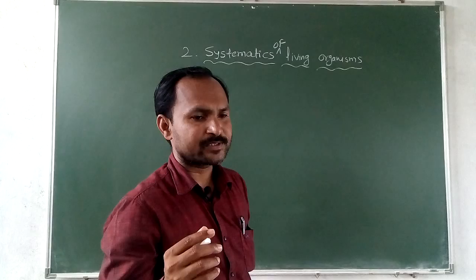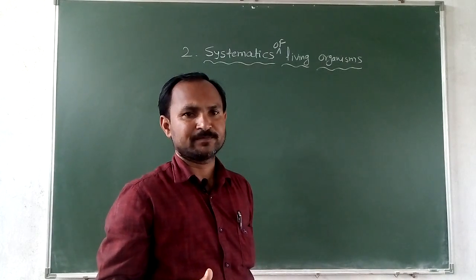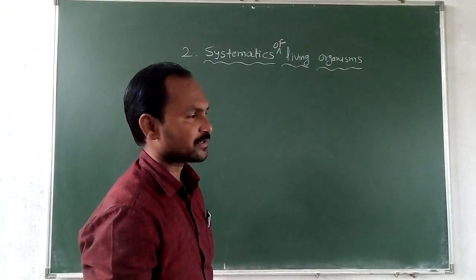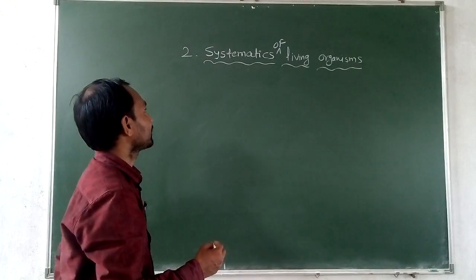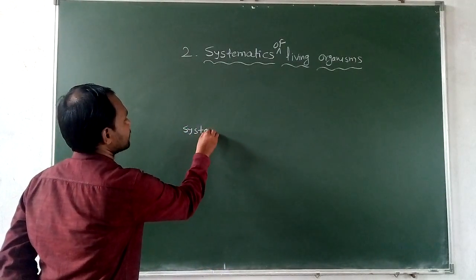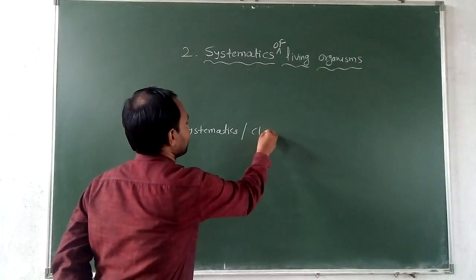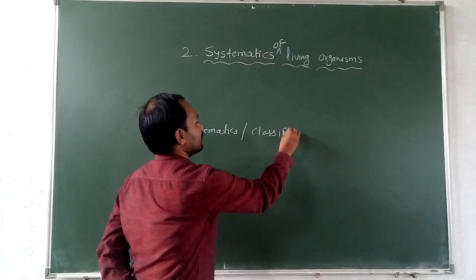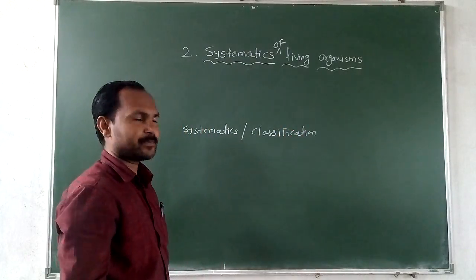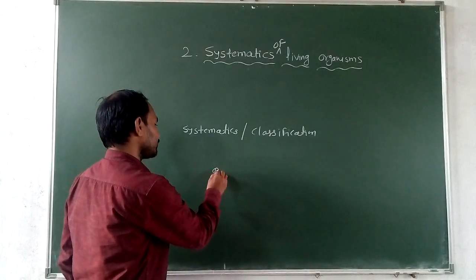So a new branch evolved in biology. That branch is called systematics, or classification. Why is there a need for systematics or classification? Why do human beings classify these organisms? First, because we are taking benefit from the organisms.